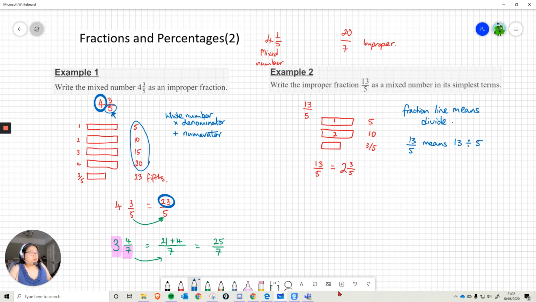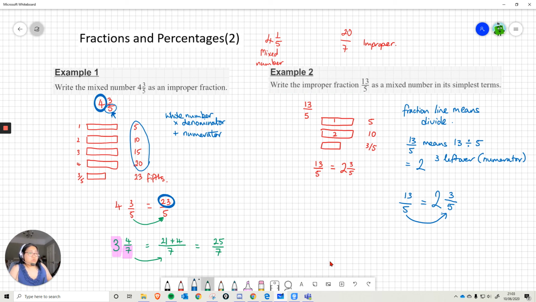I know 5 goes into 13 twice, and we've got 3 left over. That leftover is what goes back on top of the fraction, so this is our numerator. So 13 divided by 5 goes in twice, 3 left over, so that goes on top as my numerator. And remember, just like before, our 5 is our denominator, and that stays the same in our answer as well.